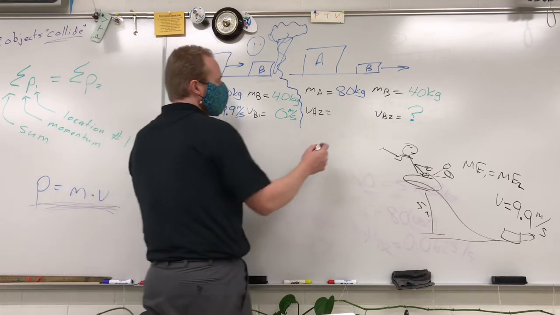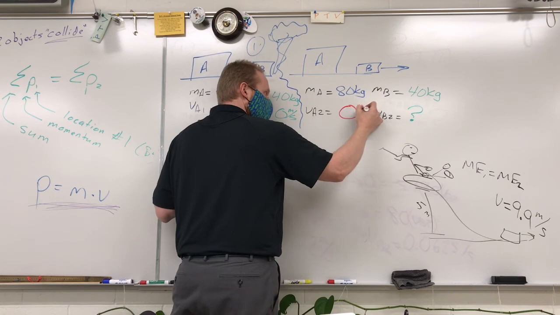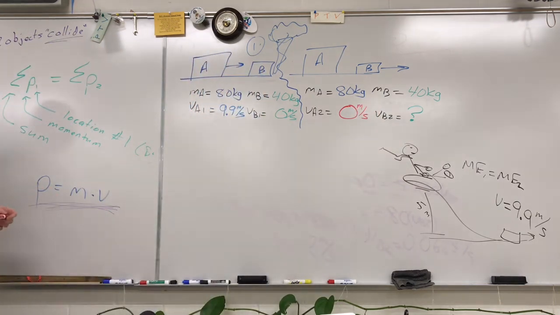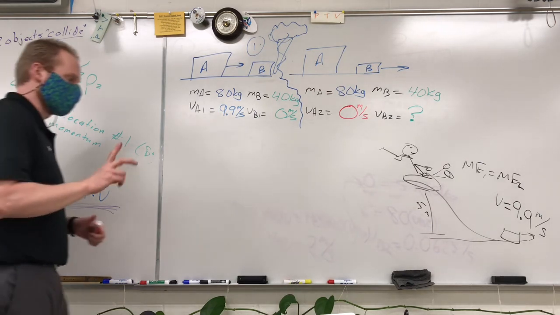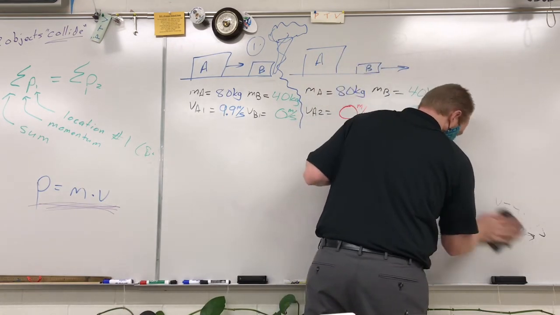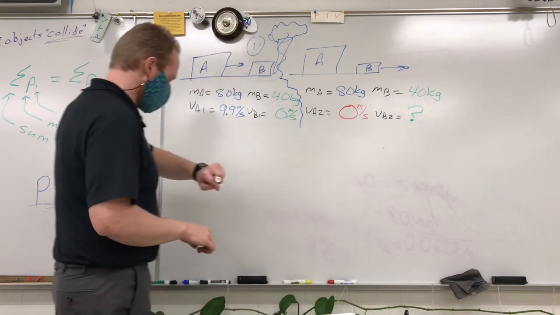It says in the problem that if in fact the hay bale does stop her, then she would have a VA2 that's equal to 0. That number is given in the problem as a word instead of a number.